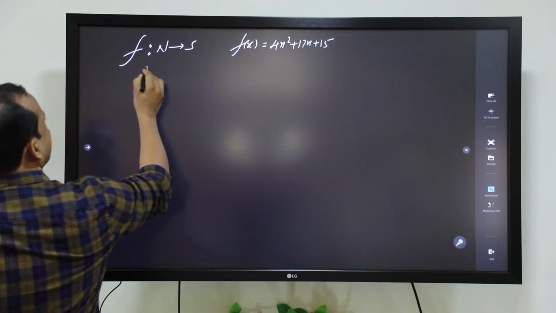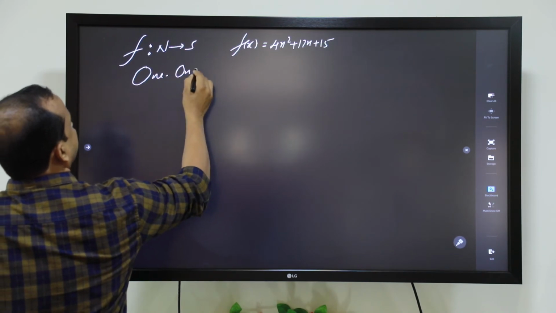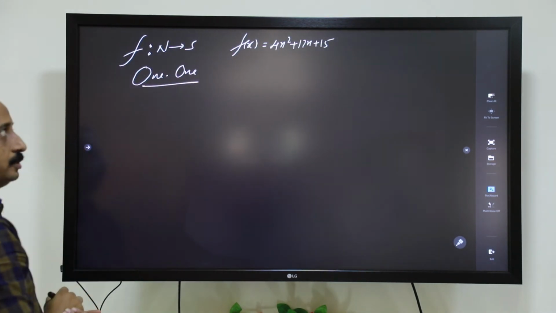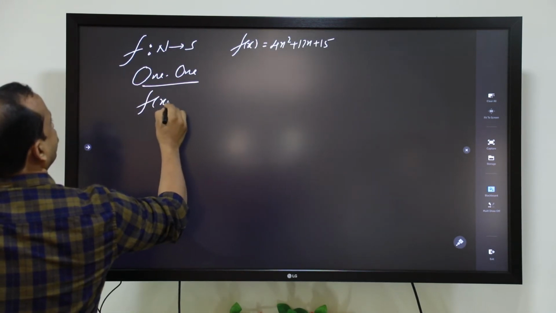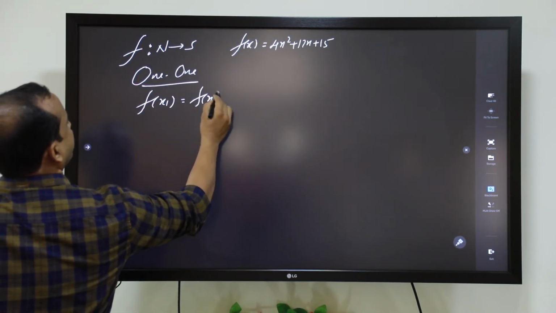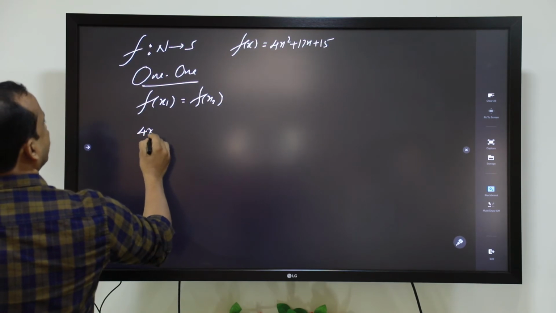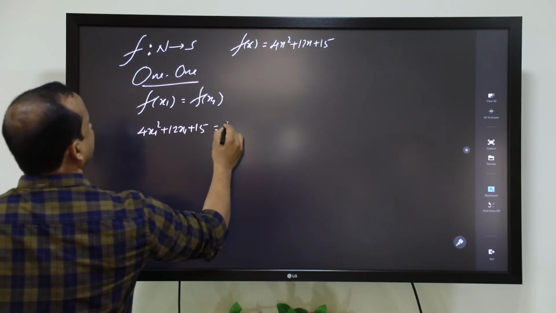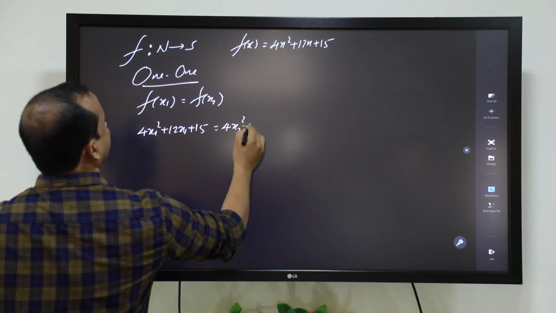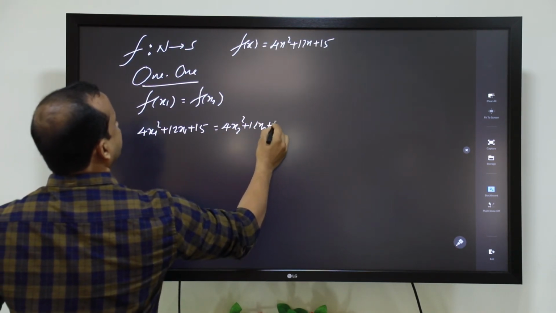Okay. First of all, we find the one-one case. Prove that it is one-one. That is, f of x1 is equal to f of x2 implies 4x1 square plus 12x1 plus 15 is equal to 4x2 square plus 12x2 plus 15.